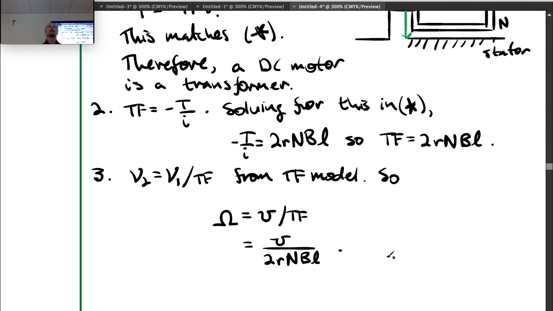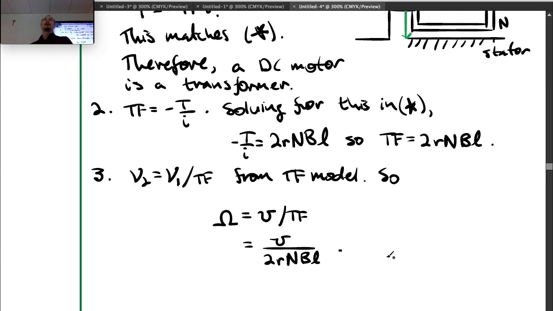So let's think about this a minute. We're going to keep talking about it, but it's good to have multiple conversations about motors. The current and the torque are proportional, and the angular velocity and the voltage are proportional. And remember that the power is the product. The power on one side is the product of the current and the voltage.